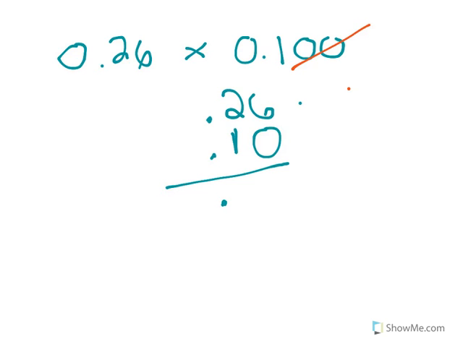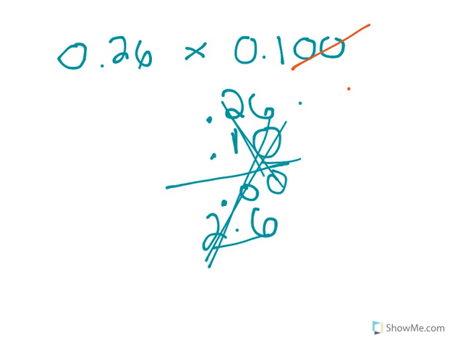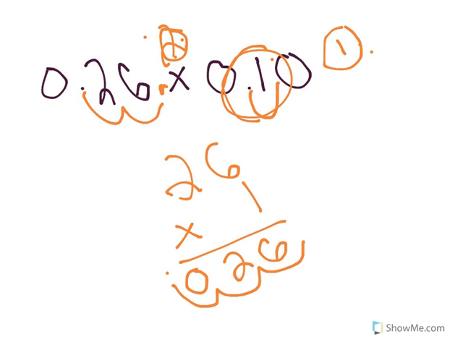Well, let's see what happens here. 1 times 6. 1 times 2. Actually, that's not good at all. I don't like that at all. You're right. It is confusing. I do like the other way better.